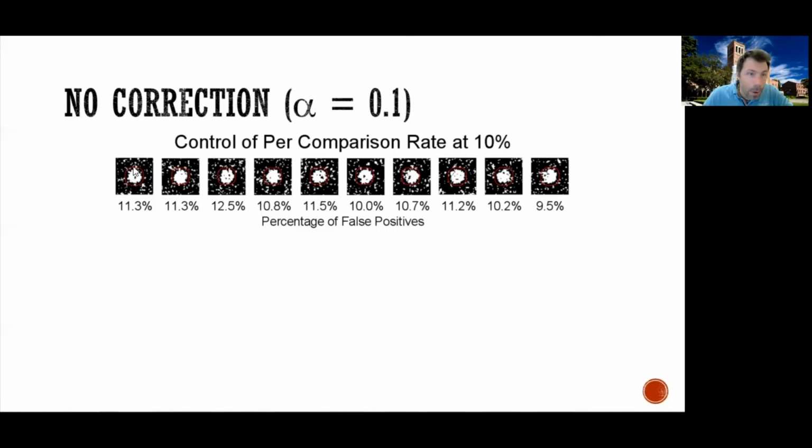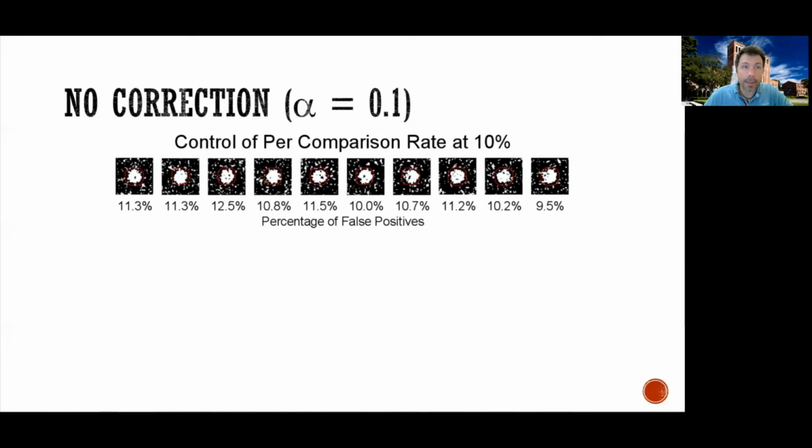We get most of the voxels or the pixels where the signal is, but we're also getting a lot of significant voxels out here, which we know are false positives because we set what the data are in the first place. And if you look through the experiments, that is true every single time.